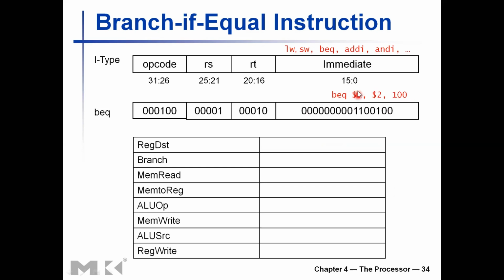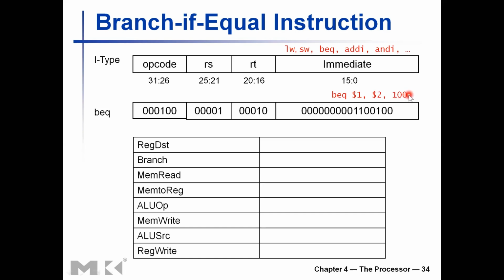Branch if equal, these registers values, if they are equal, branch 100 instructions forward. If you know exactly how many instructions you want to jump forward or branch forward based on this computation. But when you're writing assembly code, for convenience, you use labels like exit or loop end or loop beginning or anything, right? So you can use those labels here.